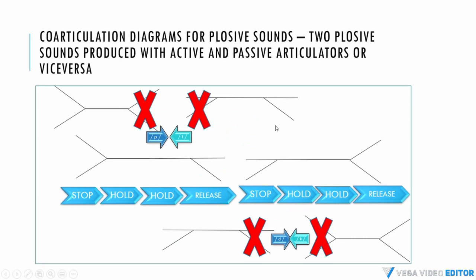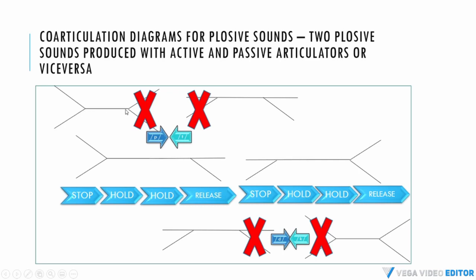So what happens if there is co-articulation between a plosive sound with an active beginning and a passive ending? For example, the sound p is produced with both lips, but the sound t is produced, as we know, with the alveolar ridge and the tip of the tongue. So both lips first are going to stop the passage of the air.